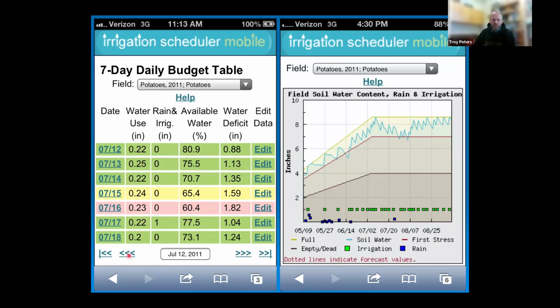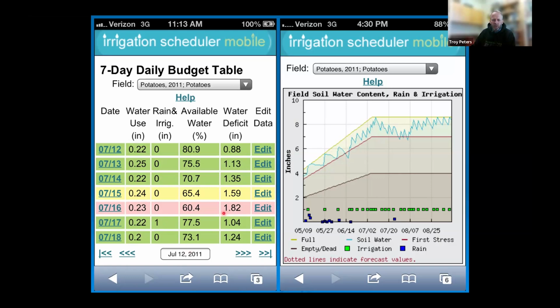It'll give you some more information about it. But anyway, that gives you the crop water use in here. If it's green, you're good. As it gets near that red line, it's going to get from yellow to red. And then irrigated here, we applied 1 inch of water, and then it pushed it back up again.